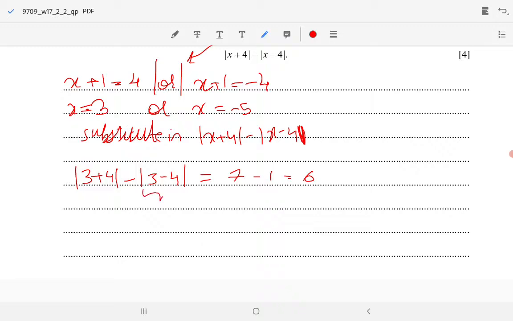The modulus part is minus 1, but since it's minus 1 inside the modulus, we get positive 1. And then we have minus 5 plus 4 and minus 5 minus 4, which is minus 1 minus 9, which is minus 10.